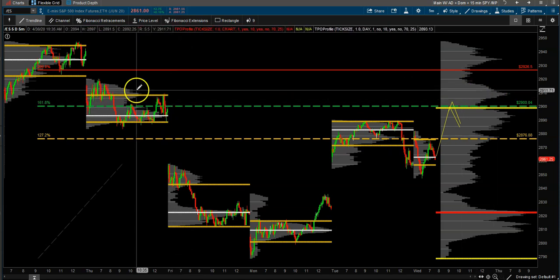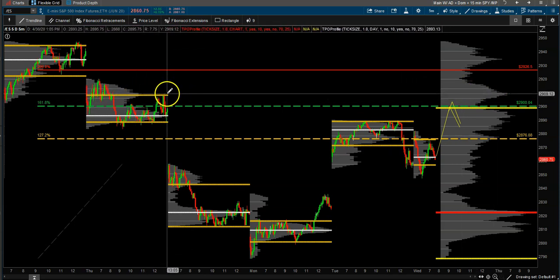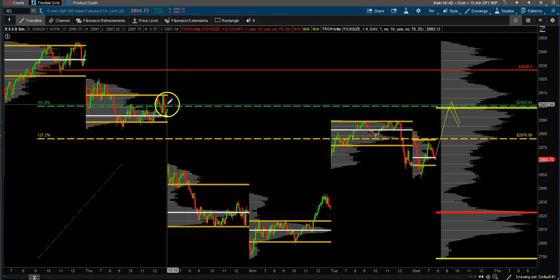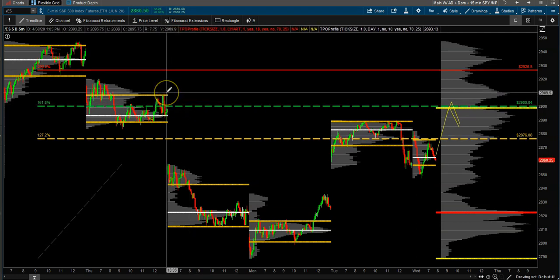I would probably put my stop on the other side of this swing high right here. So maybe I would look for a short around 2900, and I would probably put a stop at about 2910, just use price action as my stop.